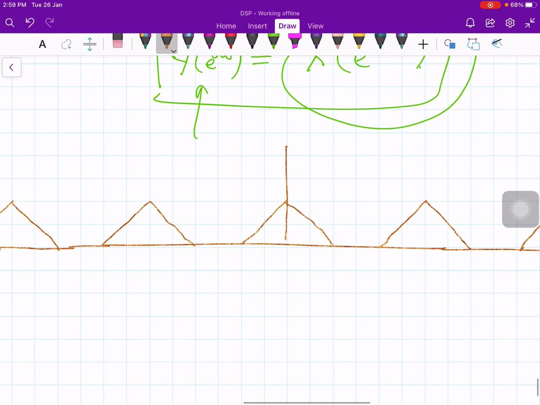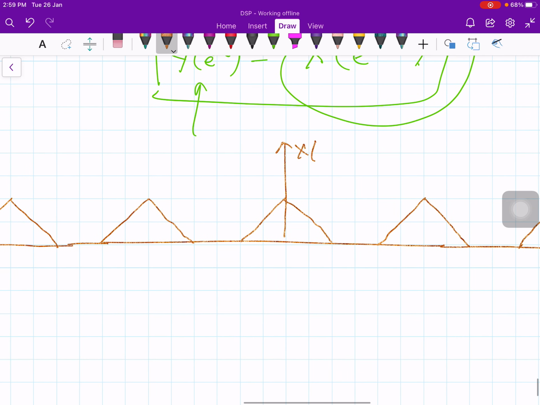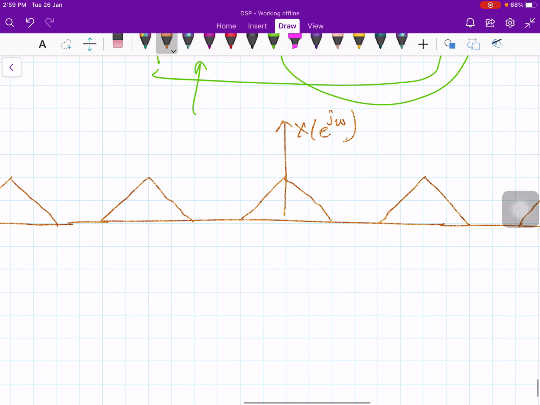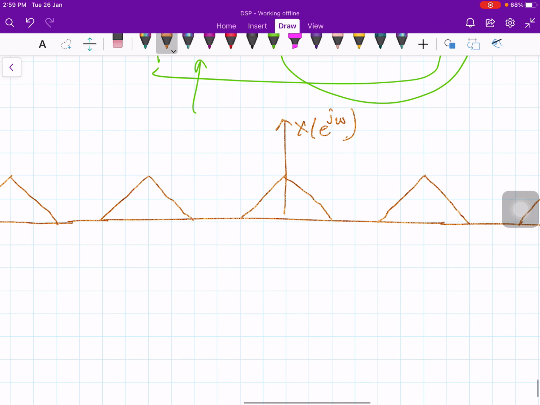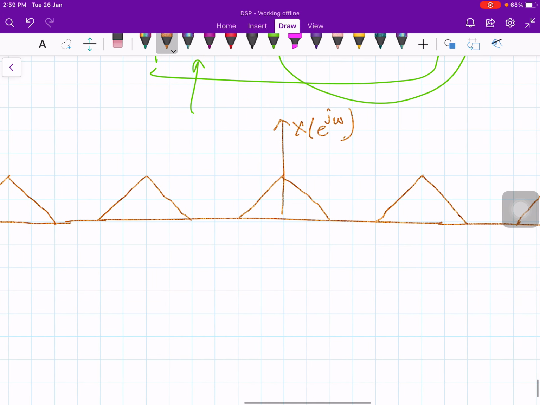This is x of e to the j omega. It repeats after every 2 pi. So this is 0. Let's say the upper frequency is omega h and the lower frequency is minus omega h. And this point is, let's say, pi, and this one is minus pi. And this is 2 pi, and minus 2 pi.